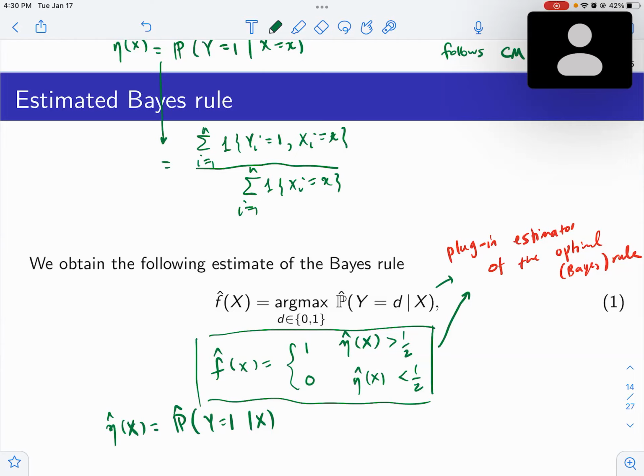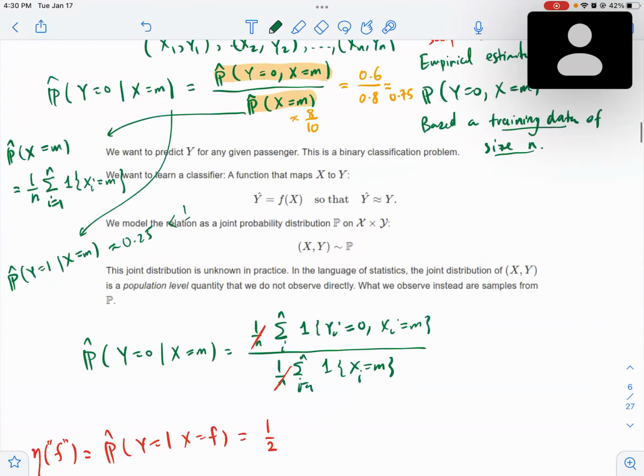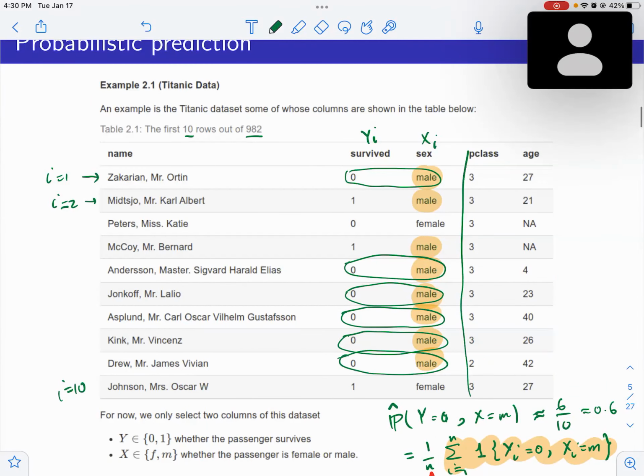So I can repeat this procedure. If I want to include this covariate as well, everything that we did works out. Now my x is going to be the entire thing, so x is going to be a vector.